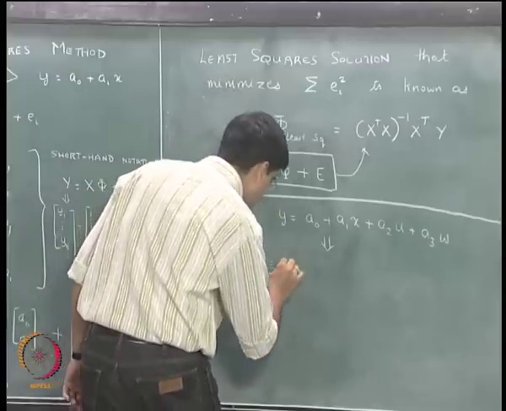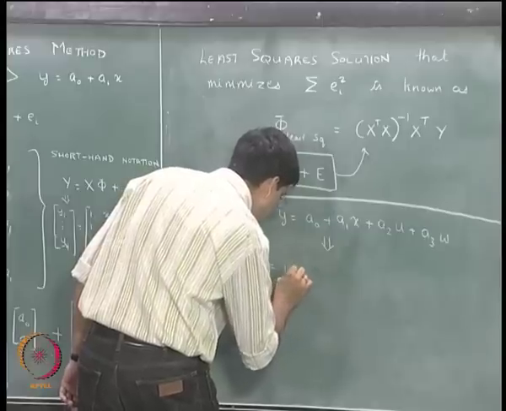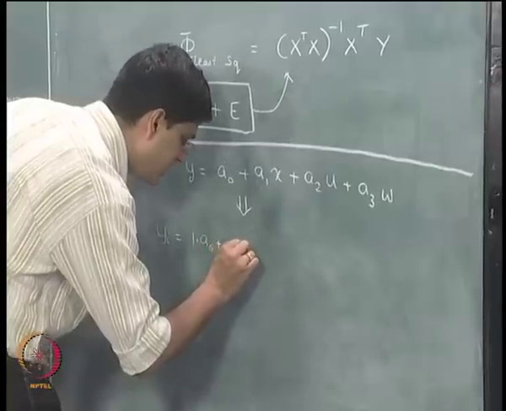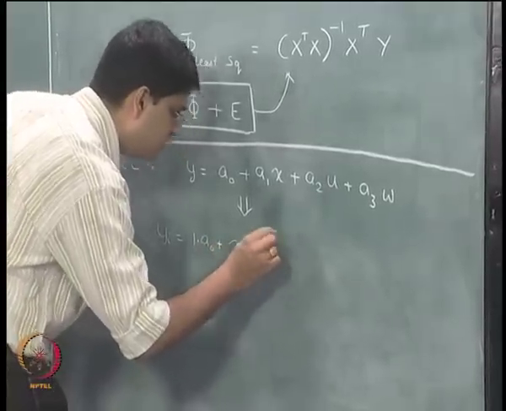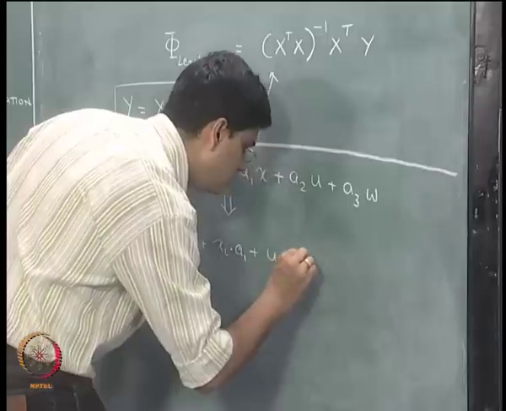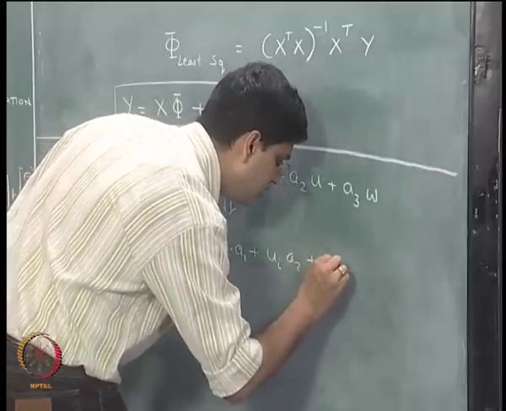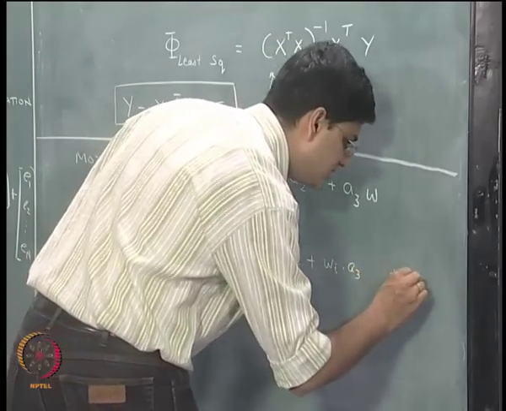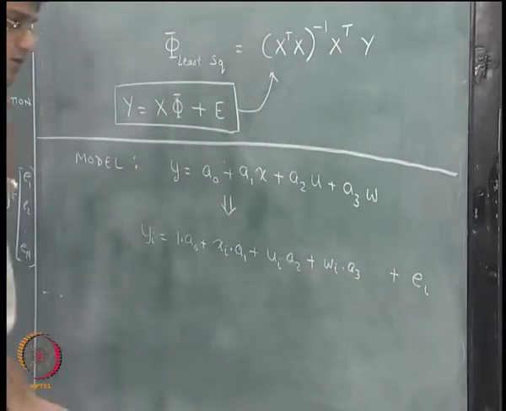equal to 1 multiplied by a0 plus xi multiplied by a1 plus ui multiplied by a2 plus wi multiplied by a3 plus the error ei, okay.